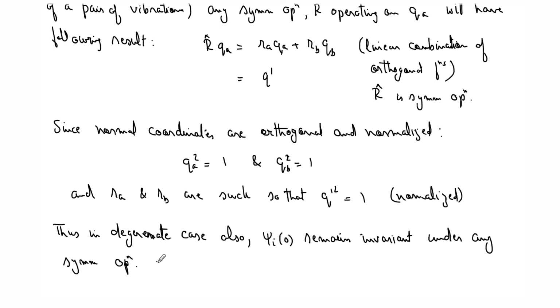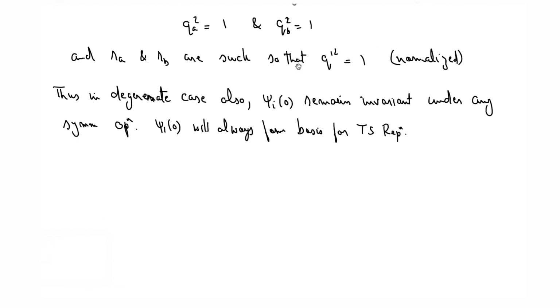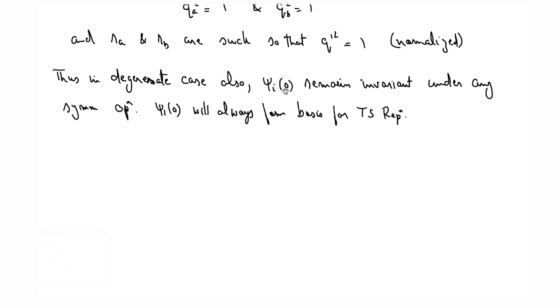So that means psi i0 will always form basis for totally symmetric representation, right? So whether it is 1D or 2D, psi i0 will always form basis for totally symmetric representation, right? So now we know the IR representation for psi i0.